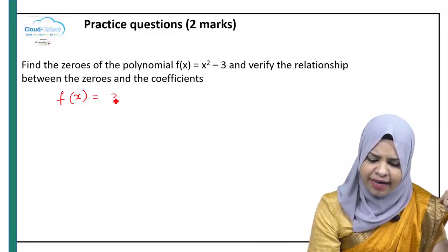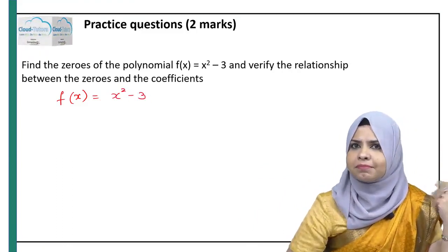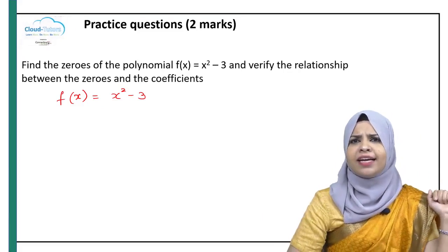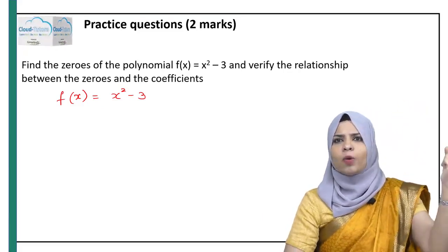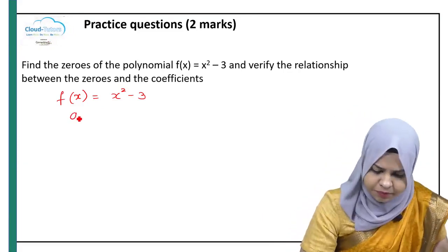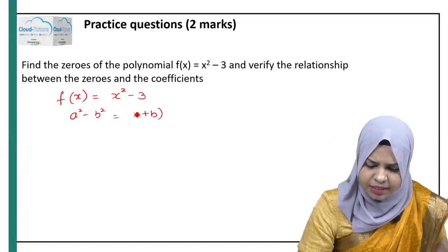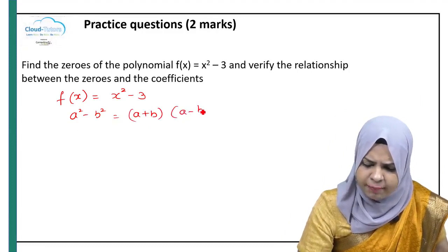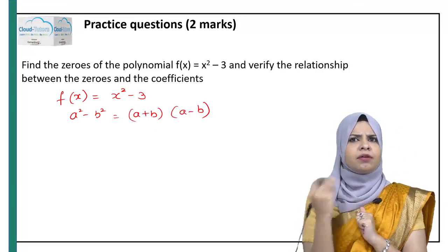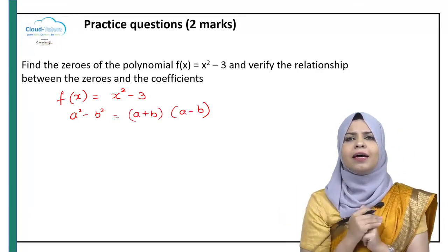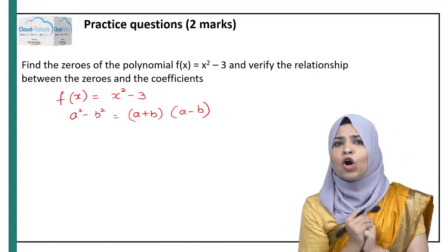Both ways it should be right. So f of x is equal to x square minus 3. What do we do now? How will we factorize this? Let's recall the identity. What is a square minus b square? It is a plus b into a minus b. Here we have a square, but where do we have b square? Here my b square is nothing but root 3 the whole square.